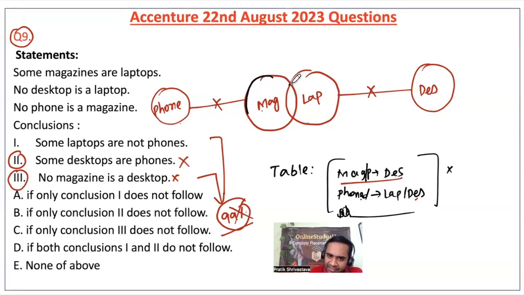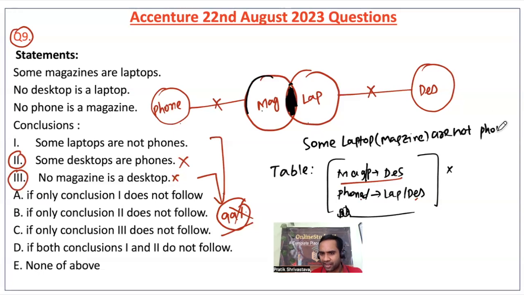Now, there are some laptops which are magazine, because some laptops are magazine, and these laptops which are magazine cannot be phone, because there is no relation. So I can write: some laptops which are magazine are not phones. That is correct, because they have clearly told there is no relation between magazine and phone, but there are some laptops which are magazine. So the first one will be true.